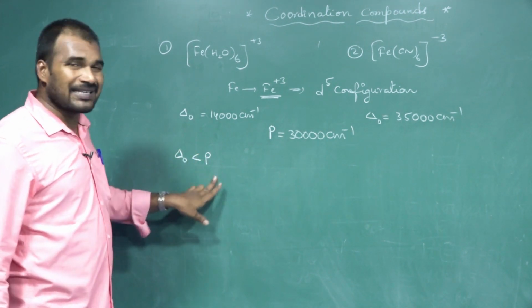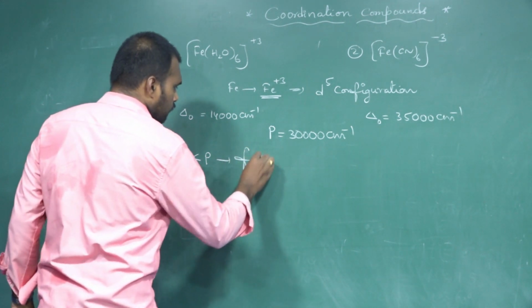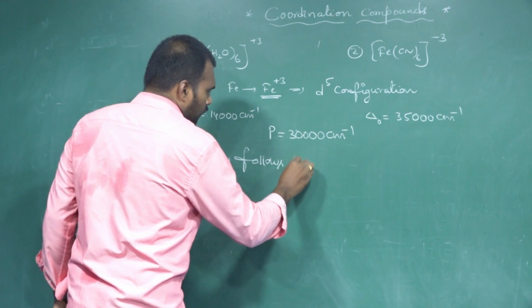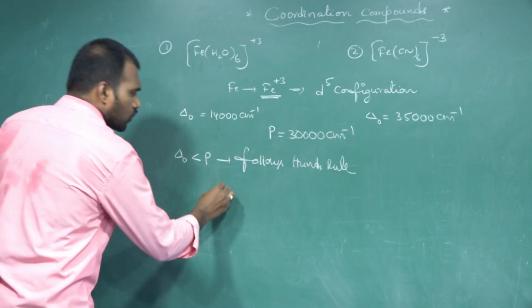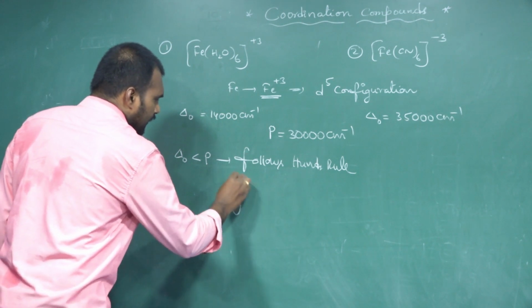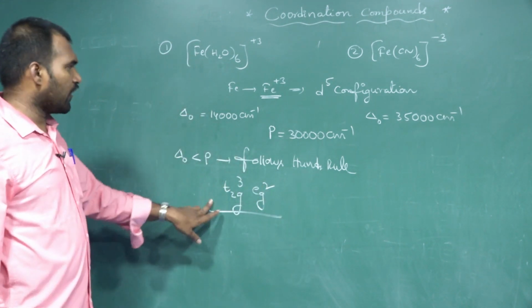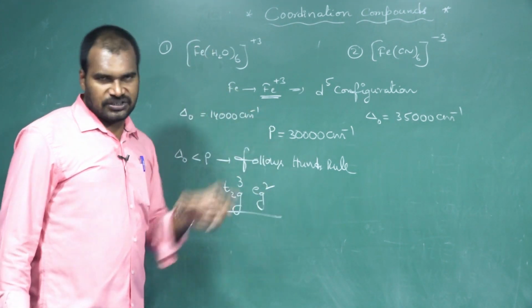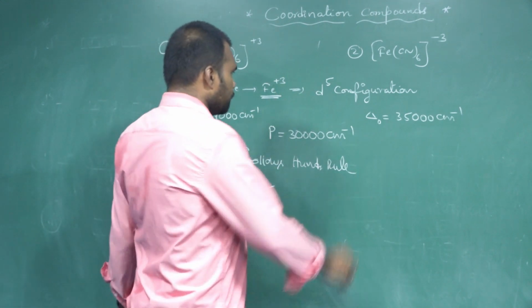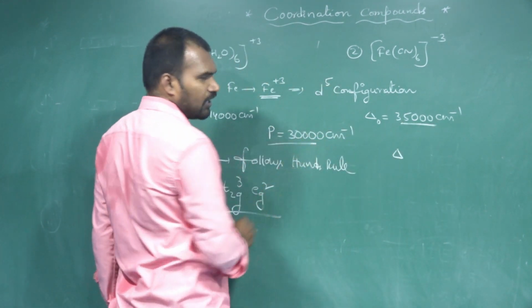If del O is lesser than P, they follow Hund's rule. If they follow Hund's rule, the configuration should be t2g3 eg2. So what is the configuration of iron 3 in this complex? t2g3 eg2.